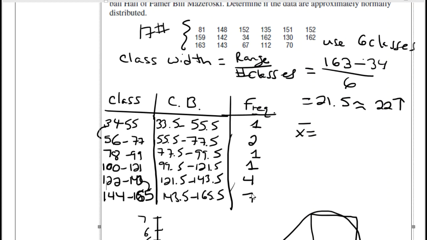We're going to add them up real quick. Okay, so when we add them up, we get 2,163. Then we divide by 17. So we get 127.2.